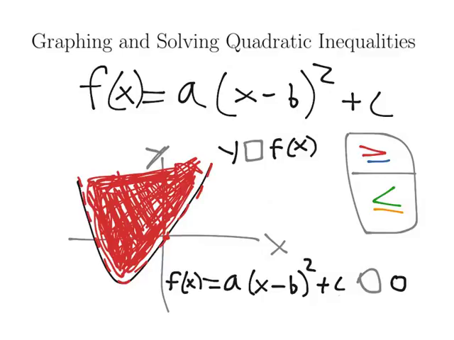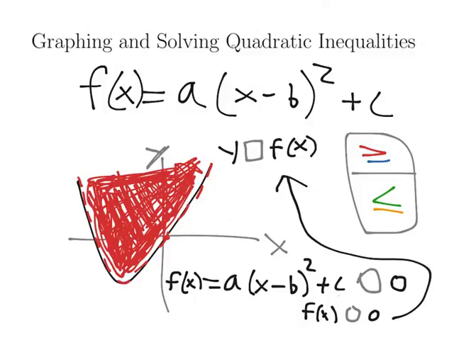So in other words, I'm saying f of x has some relationship with the number 0. If I wanted to put the 0 on the other side so I could get something that looks like my y over here, then I'd have to switch what the sign looks like. For example, if I had f of x is less than 0, well, that really means 0 is greater than f of x.